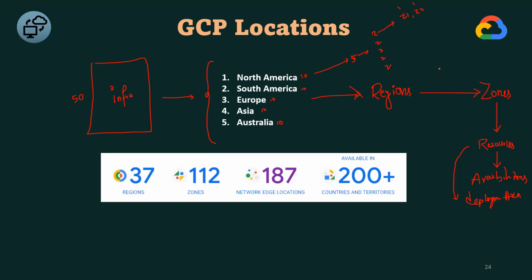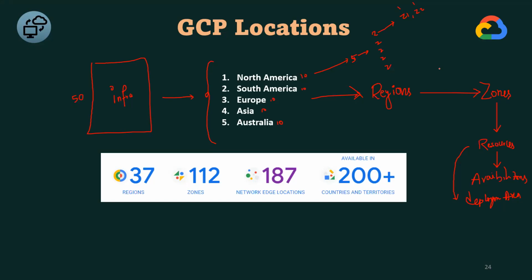Okay. So if you have 50 units of infrastructure in North America, South America, Europe, Asia, Australia, the infrastructure is divided like this, and that infrastructure is further divided into regions, and further divided into zones.